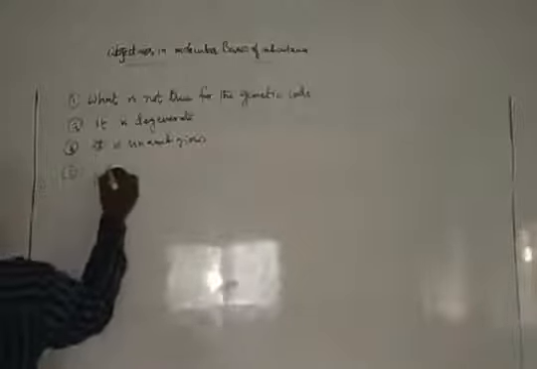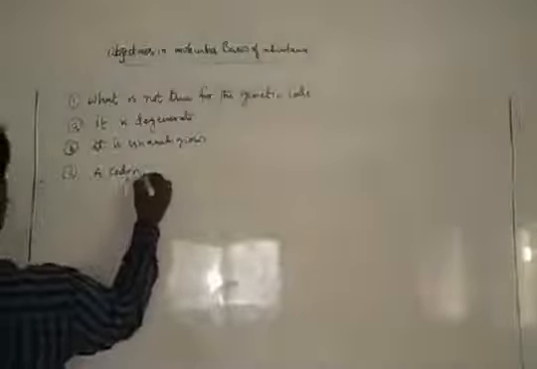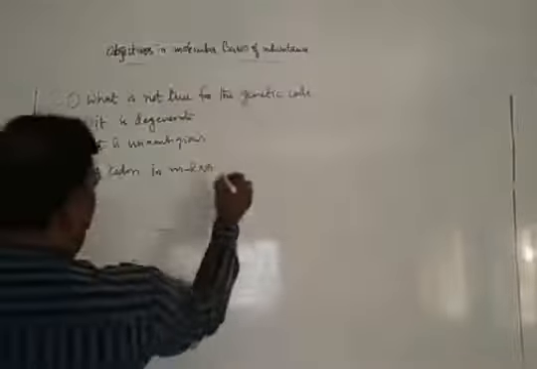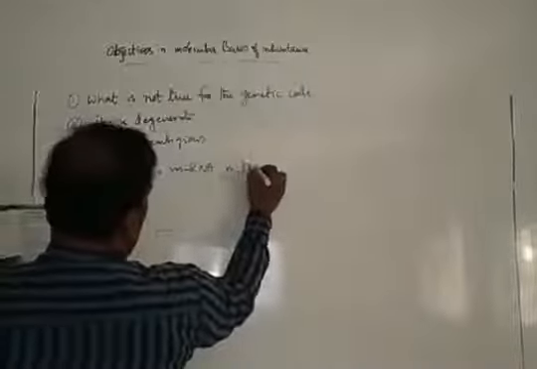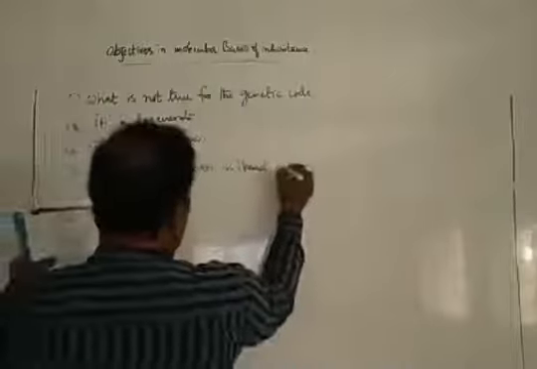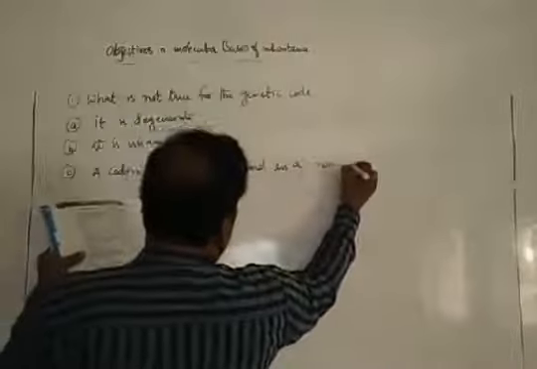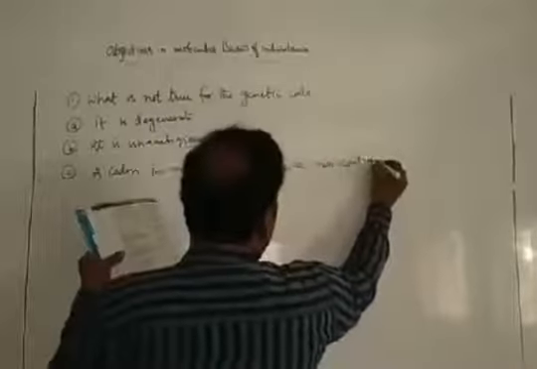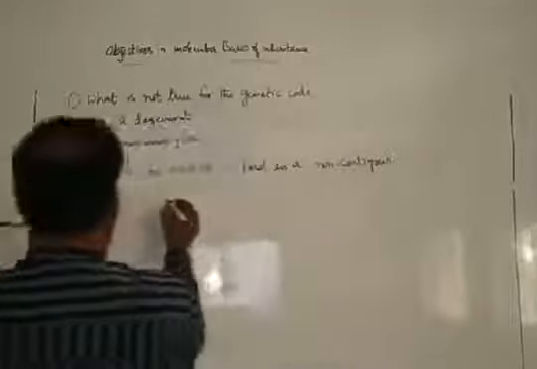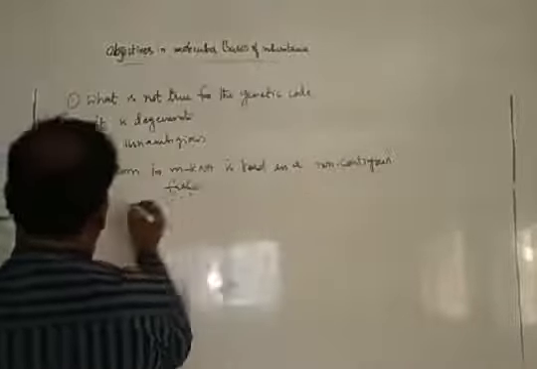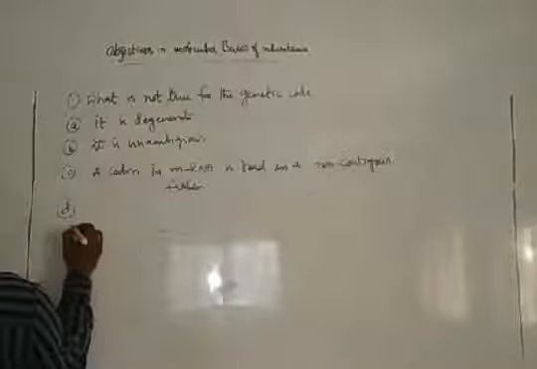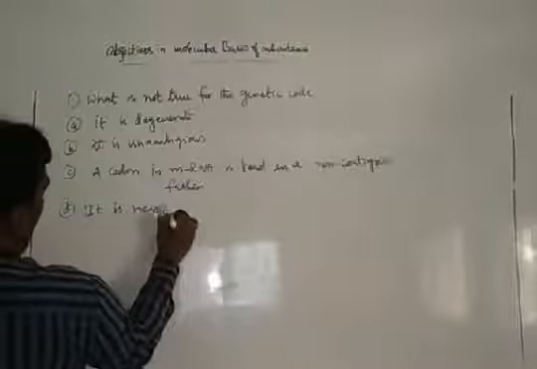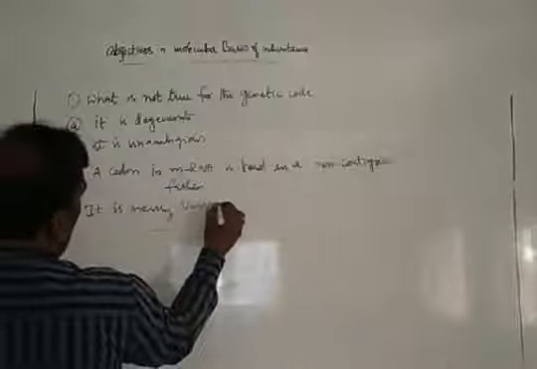The third option is a codon in an mRNA is read in a contiguous fashion, and the last option is it is nearly universal. So what is the answer here?